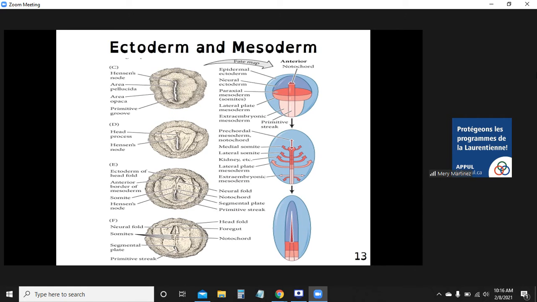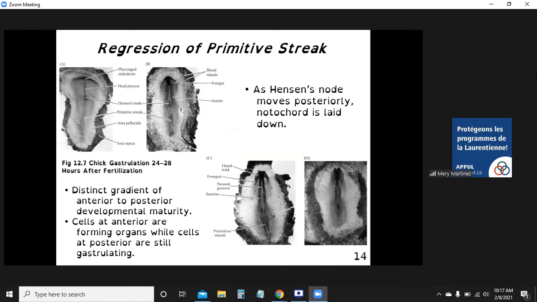The WNT pathway also activates the FGF. I think that by now you know that, right? And that's the fibroblast growth factor. And then we have the hypoblast. So we will see how the FGF and the WNT control this in a couple of slides. But for the moment, we're going to keep it there.